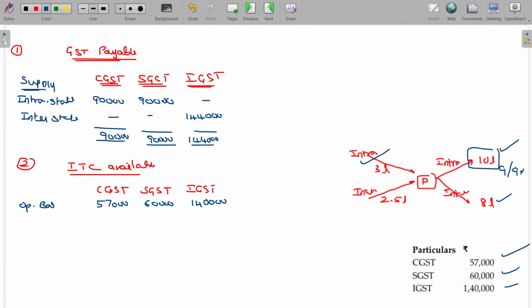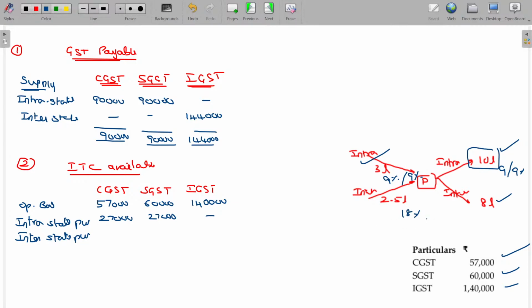For intrastate purchase, 9% SGST, 9% CGST might have been paid, so the value being 27,000 for CGST, 27,000 for SGST. For interstate purchase, 18% in total.